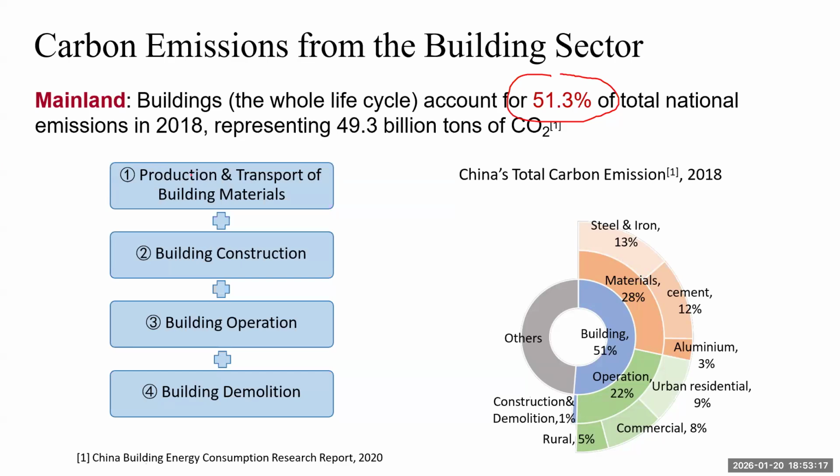So this building energy consumption and its associated greenhouse gas emissions mainly come from the production and transport of the building materials, building construction, building operation and maintenance, and also building demolition. If you look at their breakdown, you can see.